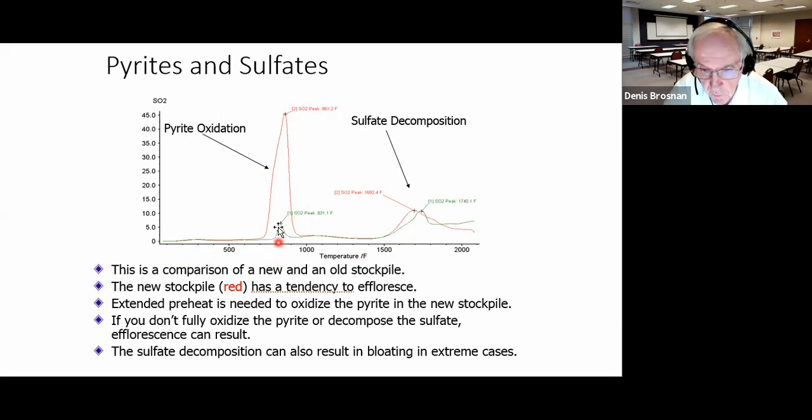And the green line shows material that had been aged. That's a little bit different, but then again, we have more sulfate to deal with a little bit later on. So that's a representation of what a lot of people deal with in manufacturing heavy clay products that contain iron sulfide.